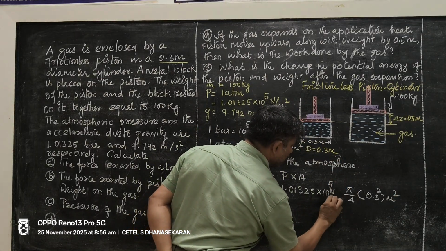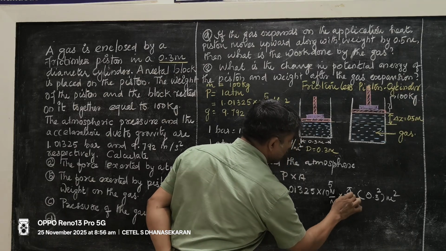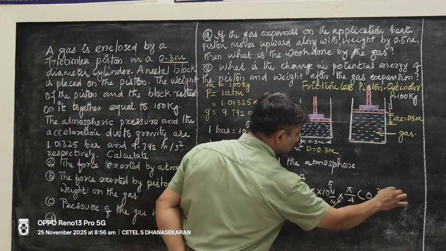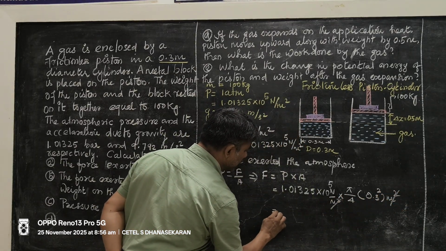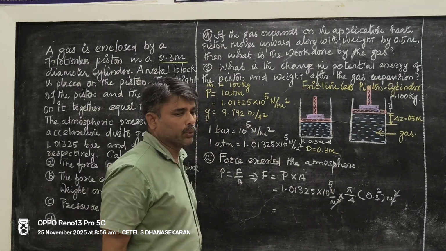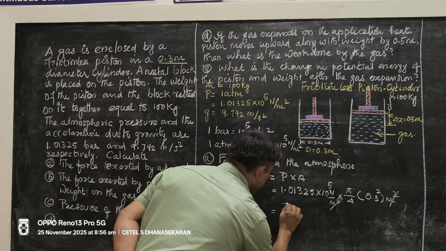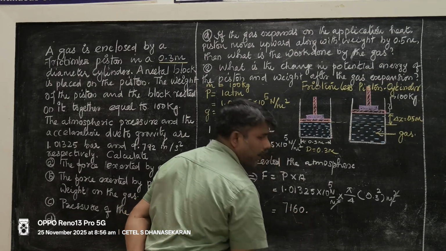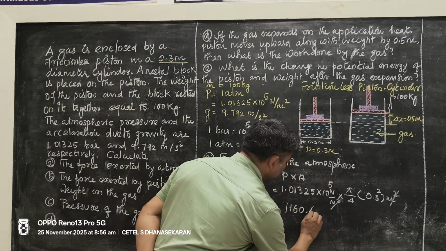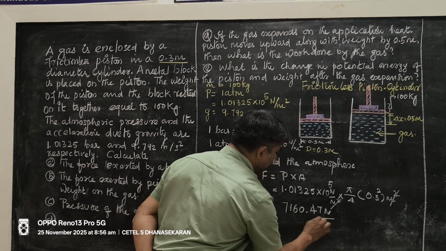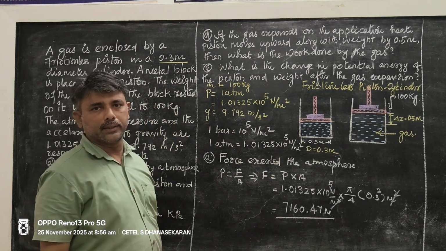This is Newton per meter square into area. Meter square gets cancelled. By default, the answer becomes in terms of Newton. What is the answer? 7160.47 Newton.